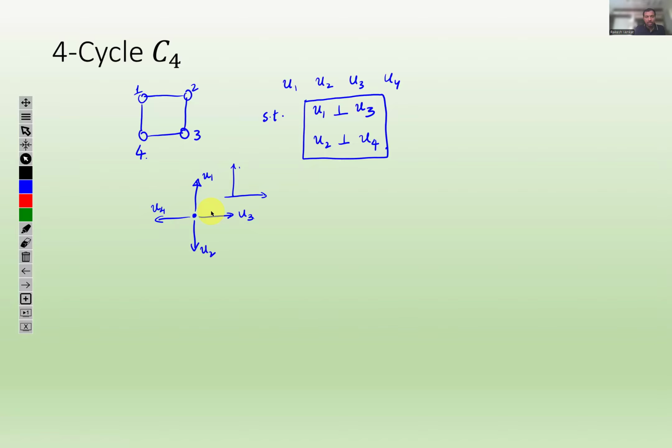So what would be a representation for this cycle that is non-equivalent under unitary transformation? Can someone think of some other representation? Well, one way is to just go 1 dimension higher. So suppose you go to 3 dimensions.